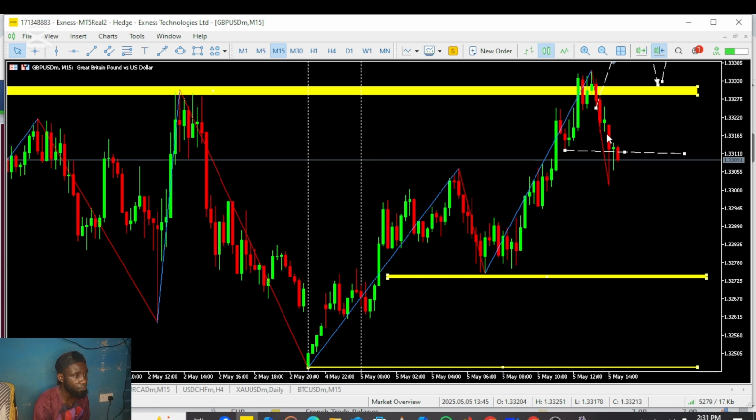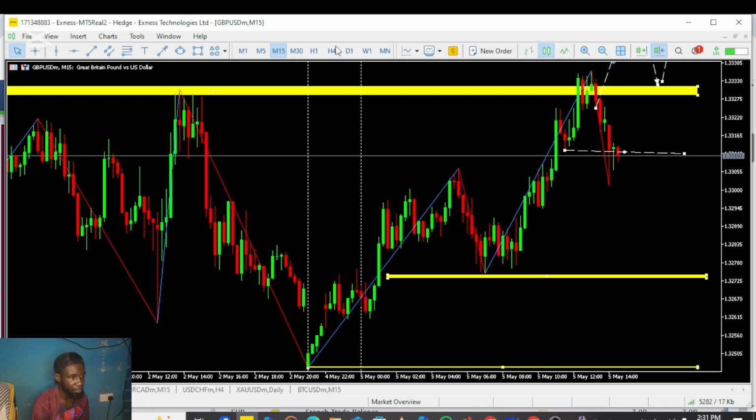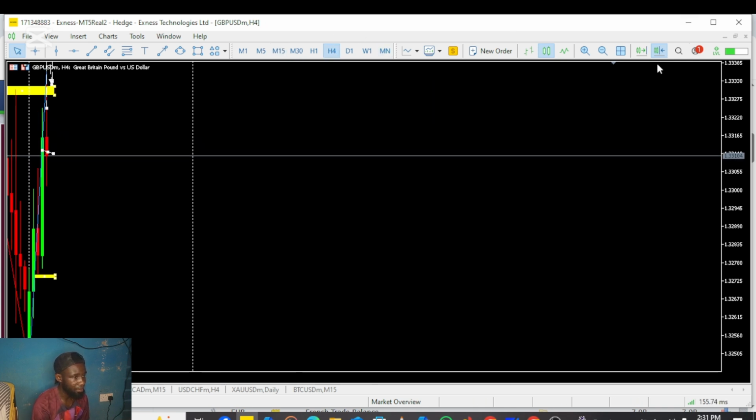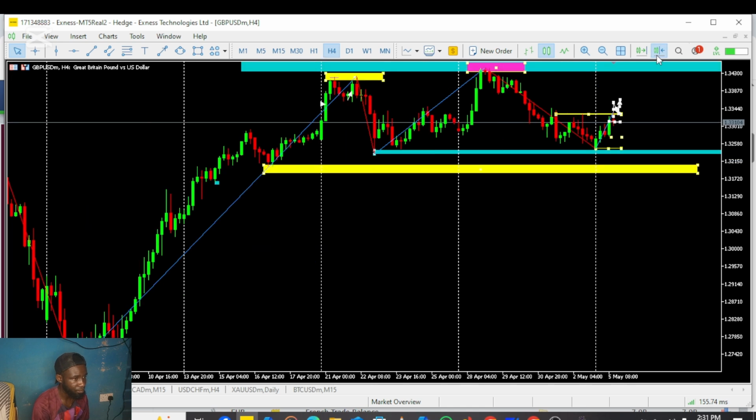But when you move to the higher time frame, like the 4-hour time frame, the market is in an uptrend. The market will go and test this particular zone.